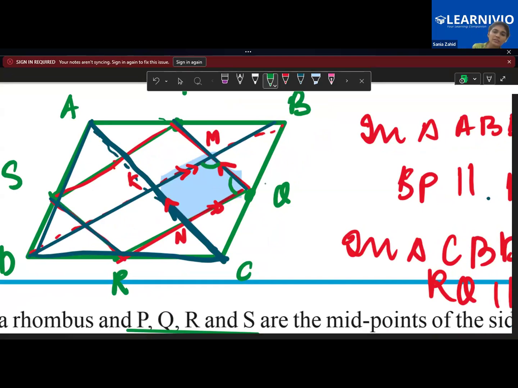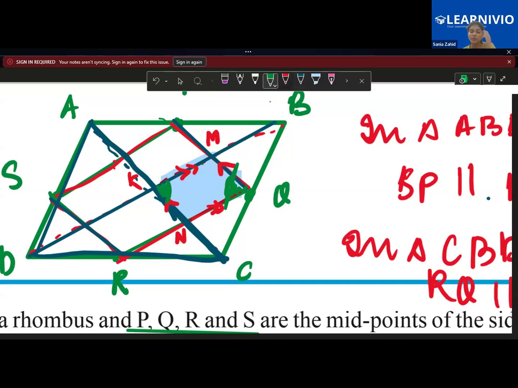Tell me, is it equal to 180 degrees? Wait. Do one thing, children. Don't take this one. Take this angle and this angle. These both angles are equal. This green angle and this green angle are equal to one another.